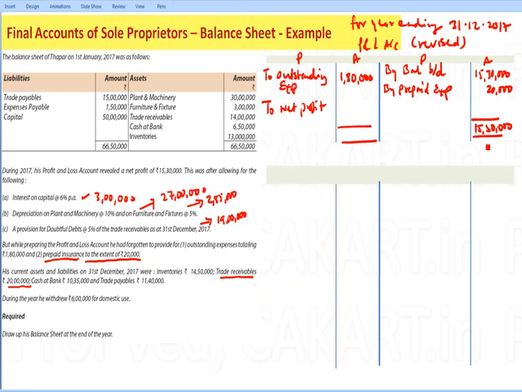So 15 lakh 50 minus 2 lakh is 13 lakh 50, plus 20,000. If you subtract this, you are going to get 13 lakh 70,000. So the net profit is 13 lakh 70,000, as simple as that. This is what we have to take in the balance sheet. When we talk about capital, we will take 13 lakh 70,000. So this one is taken care of now.